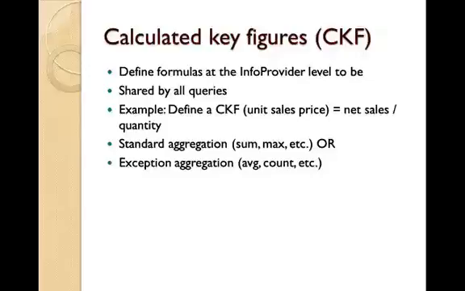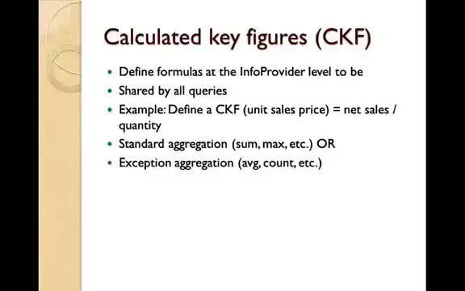Standard aggregation includes a summary or sum, maximum, minimum, and so on. In most cases we will use the sum because when you aggregate monthly sales, we should add up the sales figures, right? To create yearly sales. Yearly sales is the sum of monthly sales.